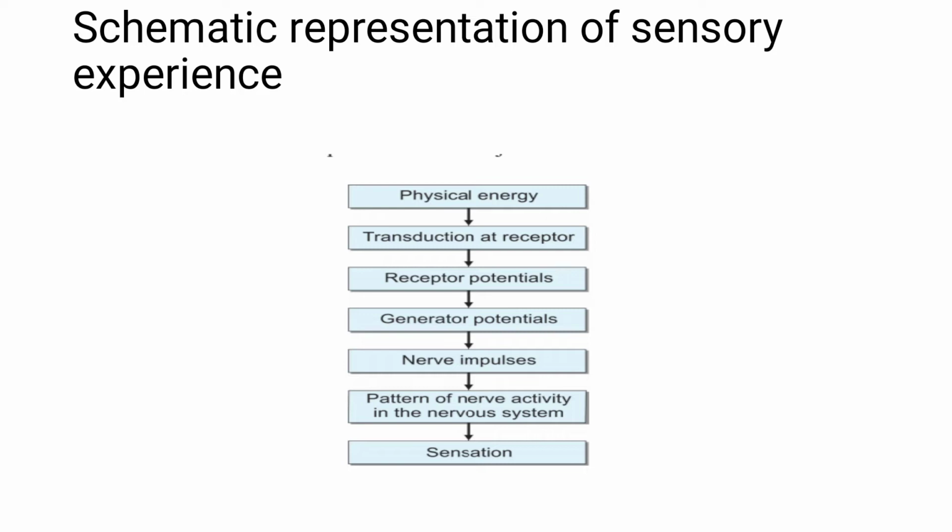Then the pattern of nerve activity in the nervous system, with so many nerve impulses acting together, produces a particular type of sensation. So: physical energy, transduction at receptor, receptor potential, which leads to generator potential, which leads to nerve impulses, and pattern of nerve activity in the nervous system, sensation. Instead of writing that paragraph, you can write this schematic representation, which simply and clearly explains whatever has been discussed in the previous paragraphs.